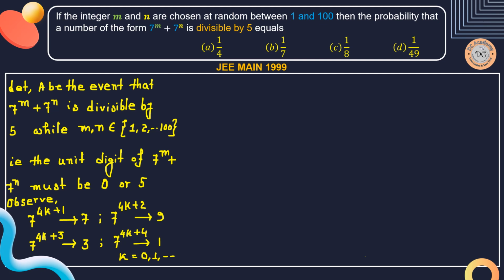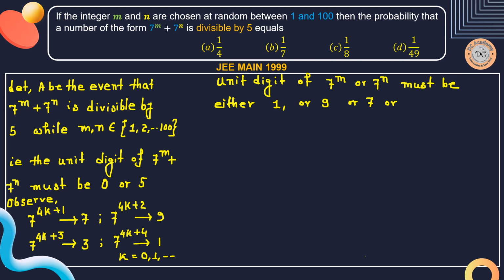So what do you observe? Observe that the unit digit of 7 to the power m or 7 to the power n, for any values of m and n, must be either 1 or 3 or 9 or 7.